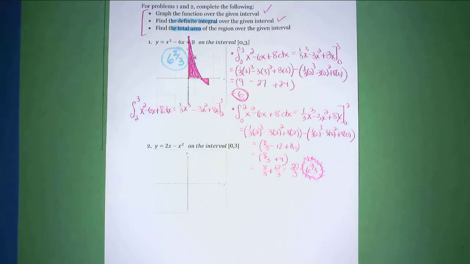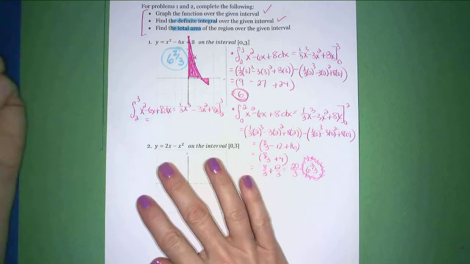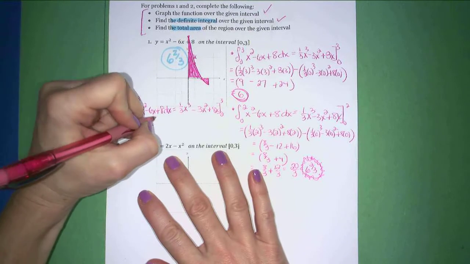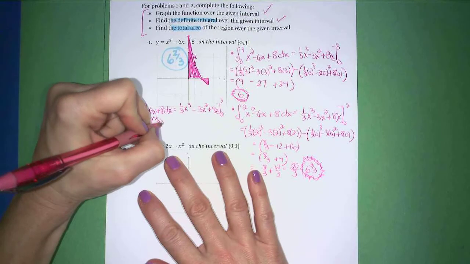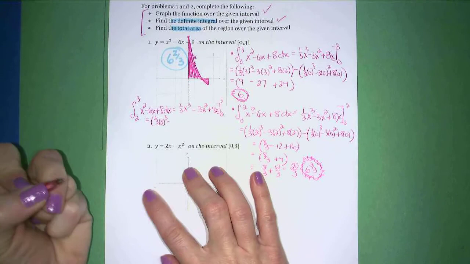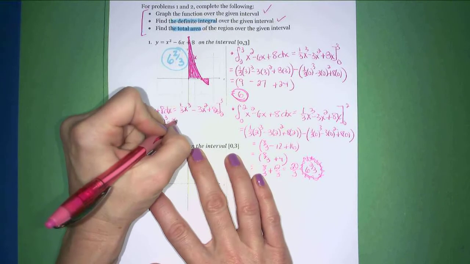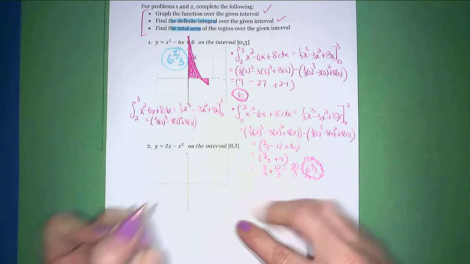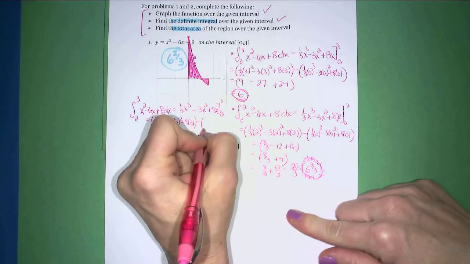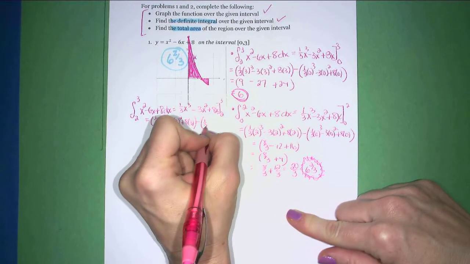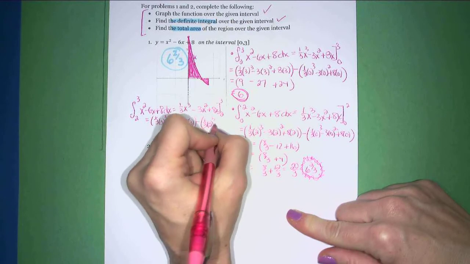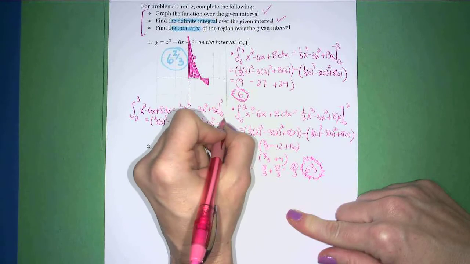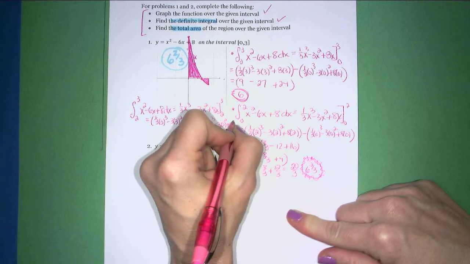So I'll have some extra calculations since I'm not dealing with a 0. Okay, let's put that 3 in. 1/3 times 3 to the third minus 3 times 3 squared plus 8 times 3 minus, put the 2 in, 1/3 times 2 to the third minus 3 times 2 squared plus 8 times 2.